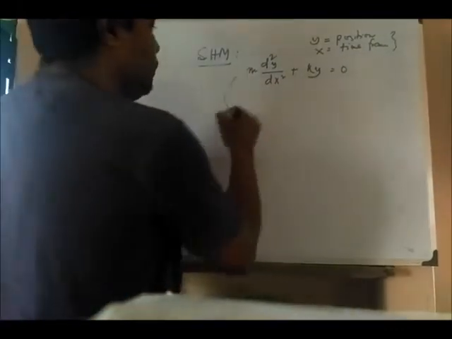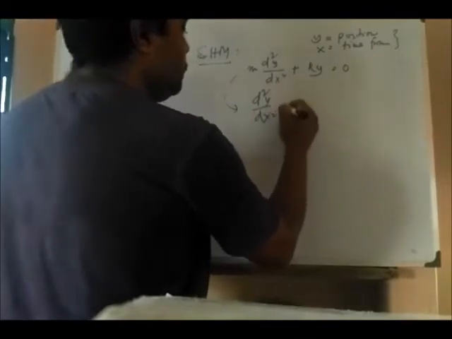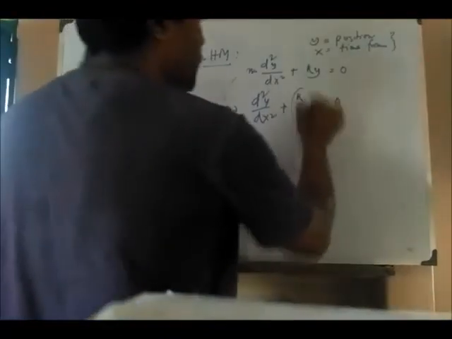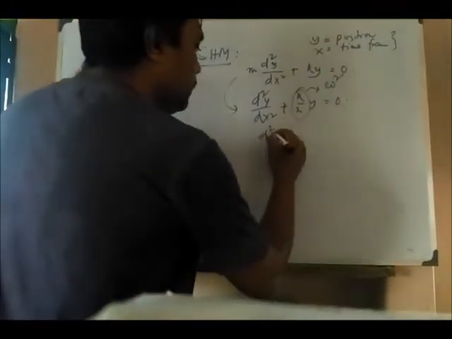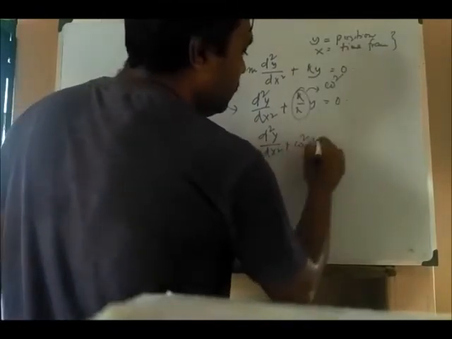So we already know the solution of this differential equation. So how could you solve this? You will get d2y/dx2 plus (k/m) y equal to 0. Now assume k/m as omega square, and you will get d2y/dx2 plus omega square y equal to 0.